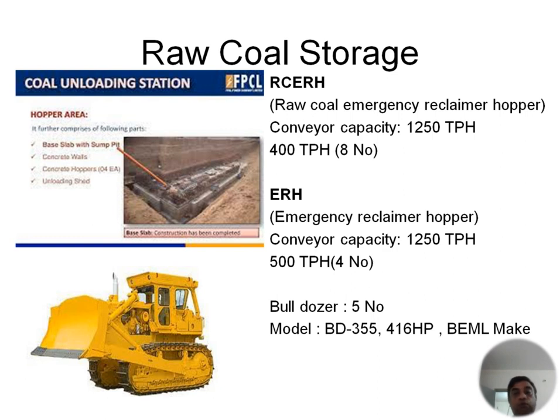We have around 8 hoppers in RCRH whose capacity is around 400 TPH. In emergency reclaimer, we have 4 hoppers whose capacity is around 500 TPH. There is a dozer shed also where dozer is kept. This dozer is used for dozing the coal into the reclaimer hopper.